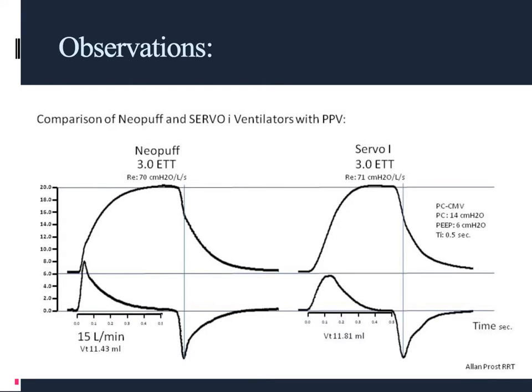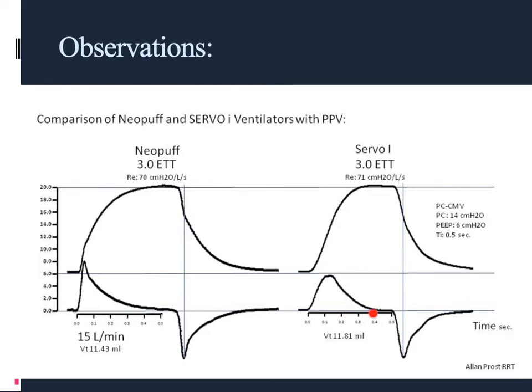Here are our pressures delivered, and here's our inspiratory flow waveform. So we see, as we would expect, that high peak inspiratory flow being delivered to our patient, and we see that it takes approximately 0.5 seconds to get equilibrium. So our TI dynamic is about 0.5 seconds.